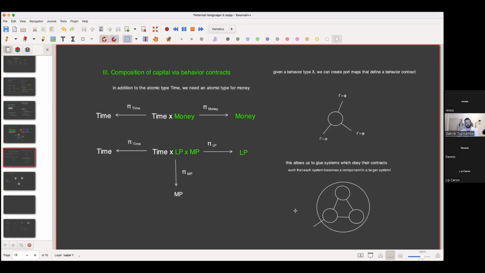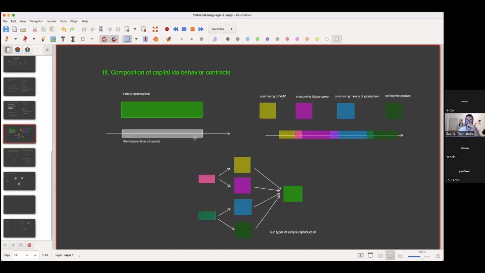But what this language allows us to do is to trace how the macro constraint flows into the individual level, right? To whatever granularity, whatever zoomed in level we want, which is something new, right? We can have a type called simple reproduction, which can consist of thousands of steps across thousands of people and machines, right?